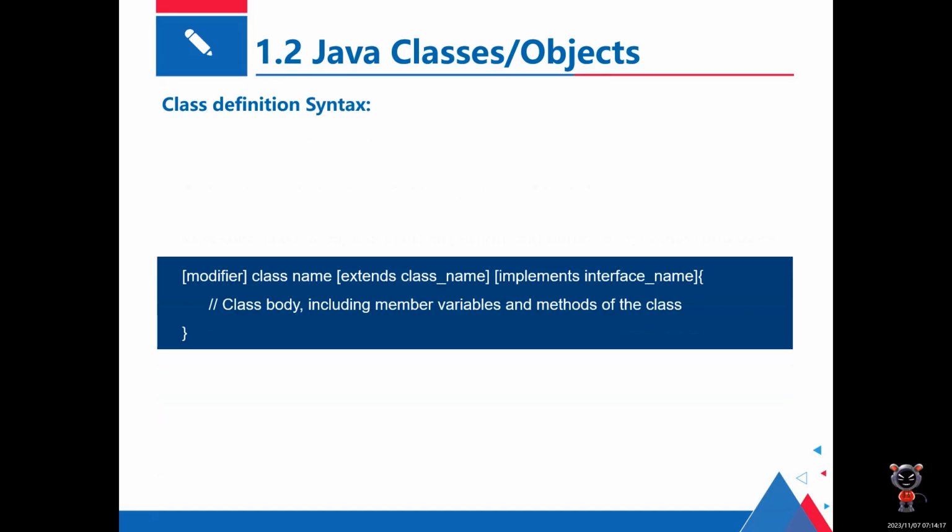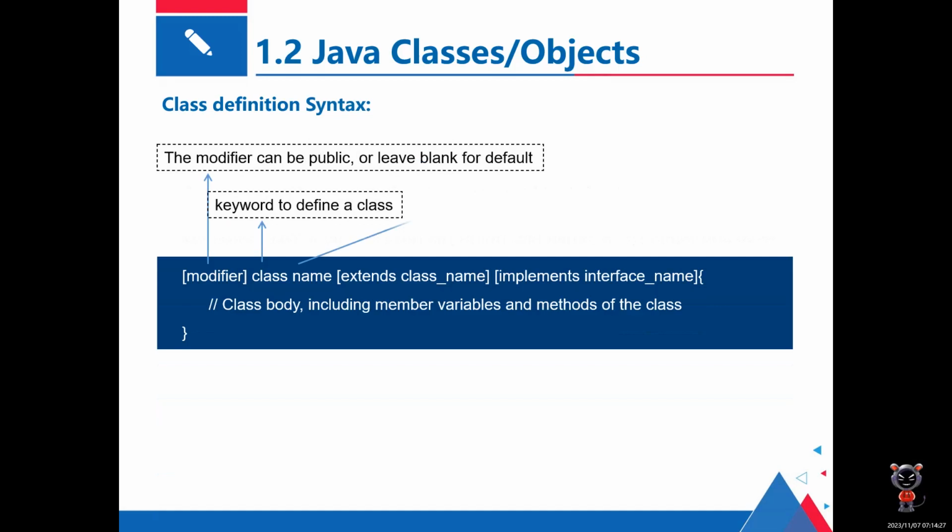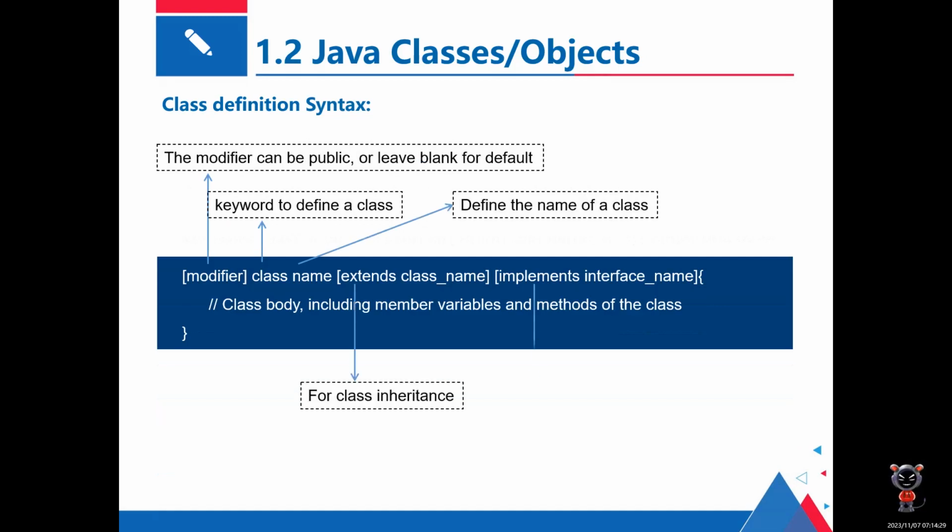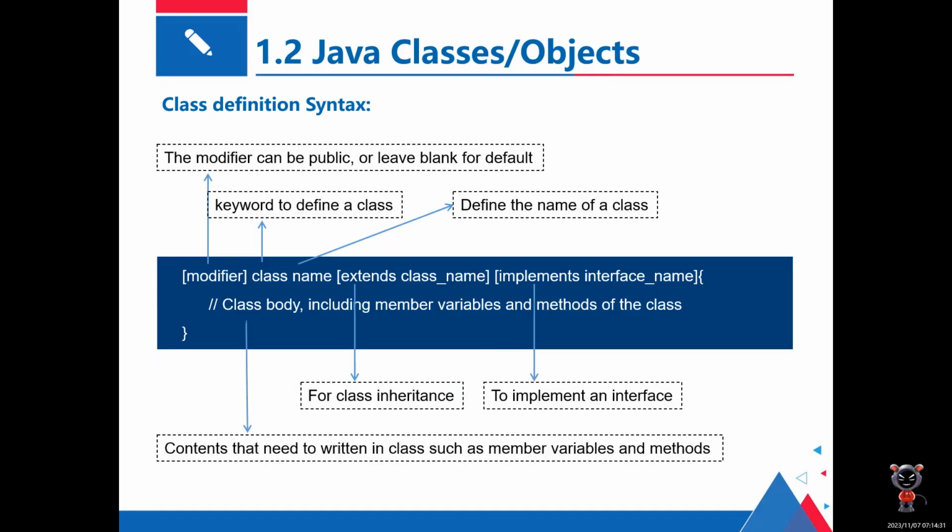In this slide, I am going to teach you how to define a class using syntax. In the class, the first one is the modifier. If you want to restrict access to the class, you can define a modifier as public or private. Then we use the class keyword to declare a class and the class name.